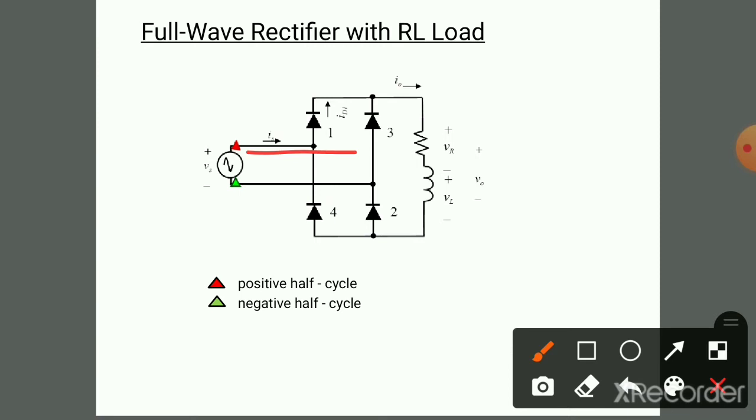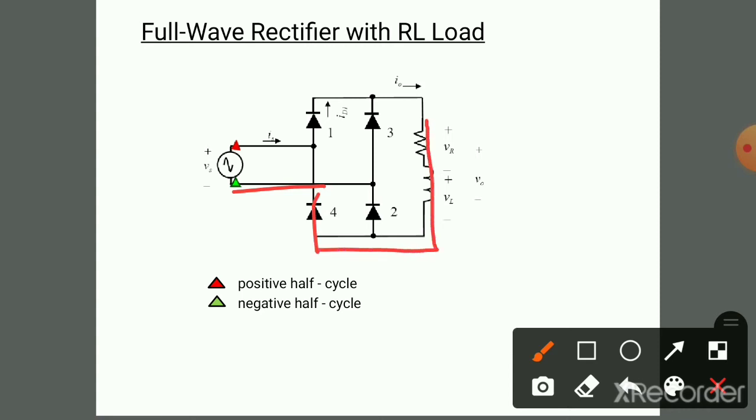During the positive half cycle, current starts flowing like this. This diode is open circuited, as it is reverse biased, so the current will flow like this through the load. This diode is forward biased, so it goes back to the source, and this one is also open circuited.